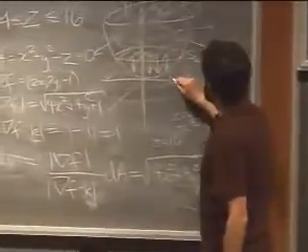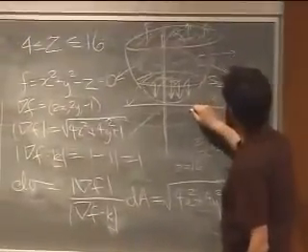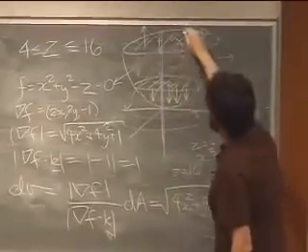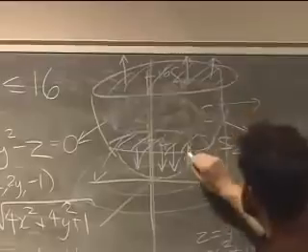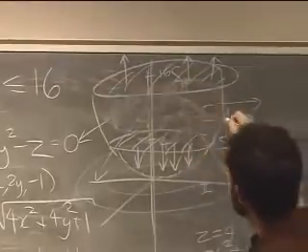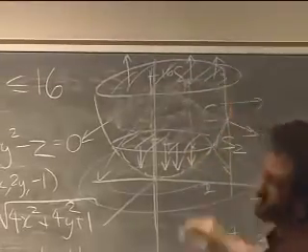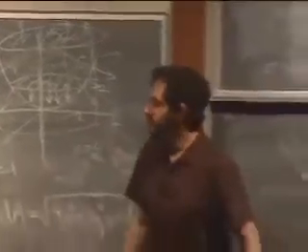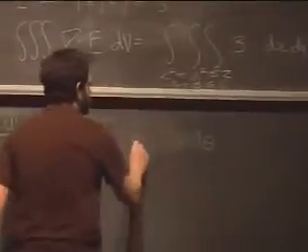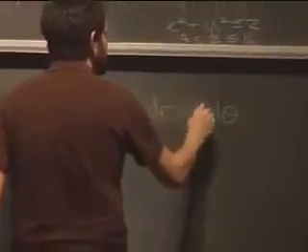If I fix r and theta, meaning a point on the xy plane, then the z is different over here than it is over here. Here the bottom is flat, the top is flat. Here the bottom is curved and the top is flat. So you could do it that way, but it's best actually to switch it around to r dr dz d theta.